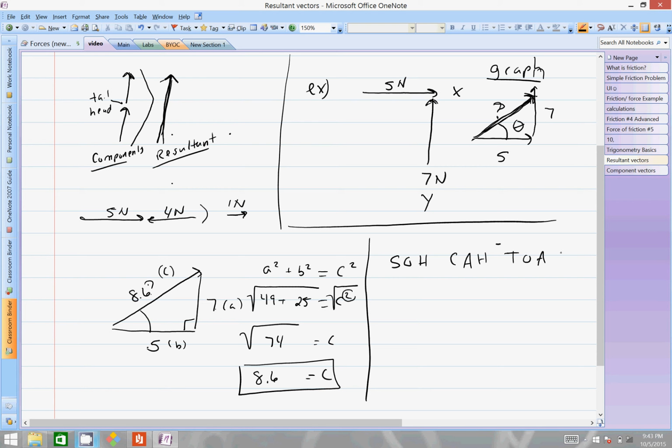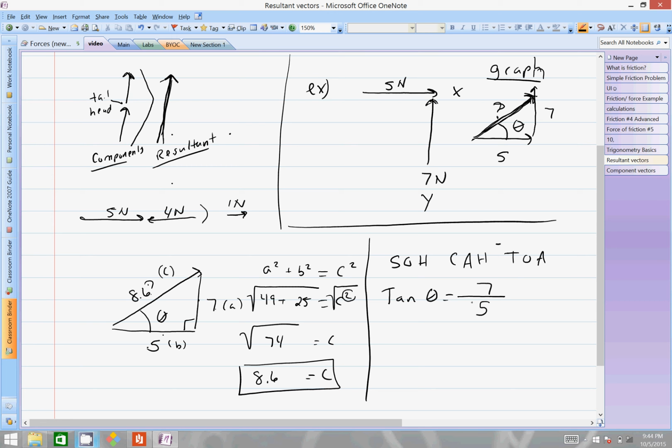And you can pretty much pick whatever you want. In this case, since this is the angle I'm looking for, I could say, let's do the opposite over the adjacent.